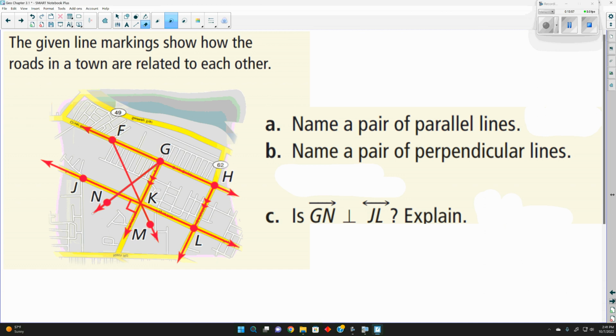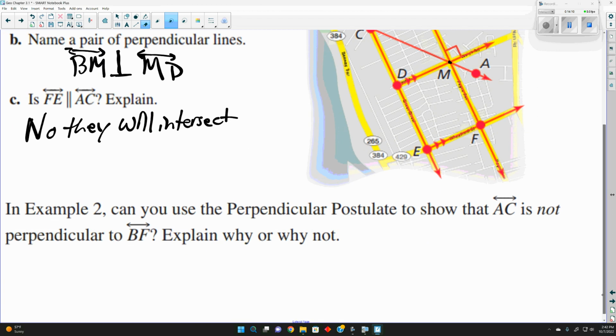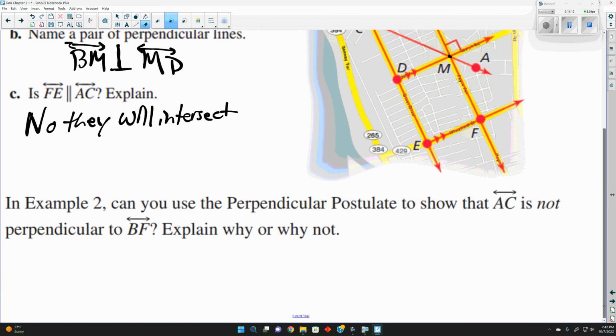We'll go on and move on to the next one. Because the last part here, can you use the perpendicular postulate to show that AC is not perpendicular to BF?